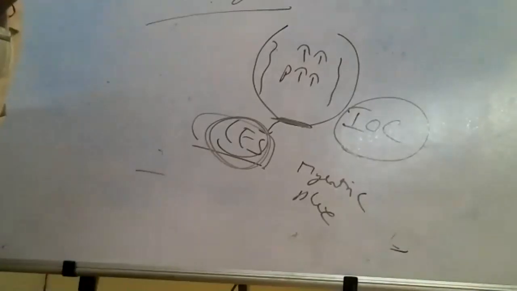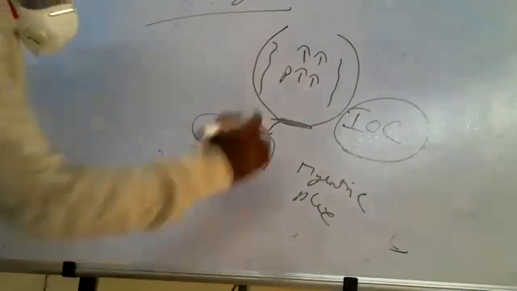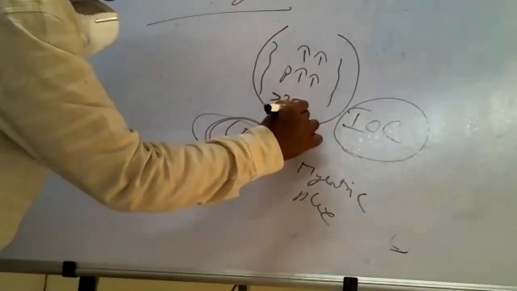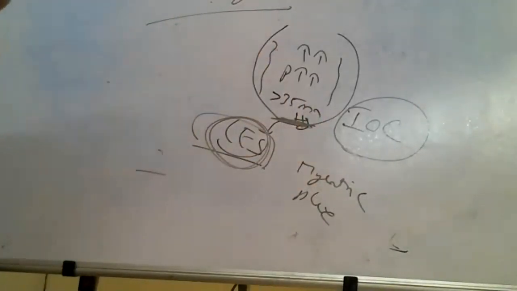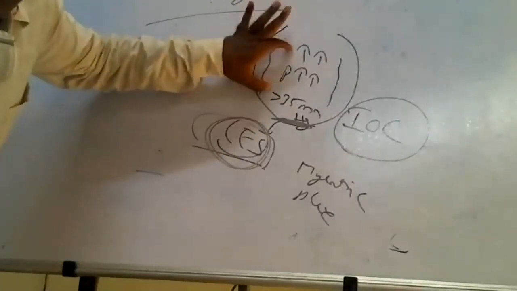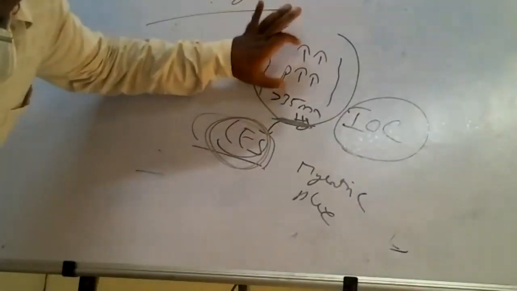Pressure. We have to measure the pressure. The pressure will be nearly more than 35 mm of Hg. So what is the investigation of choice? Can anyone answer the investigation of choice for achalasia cardia? I am saying the pressure is increasing. So what is the instrument to measure the pressure?